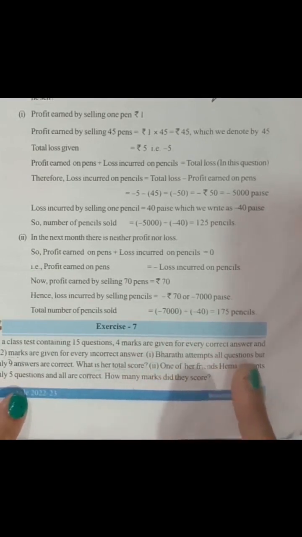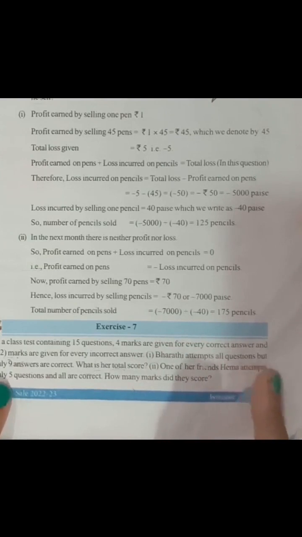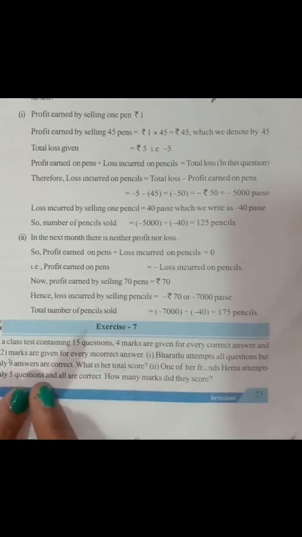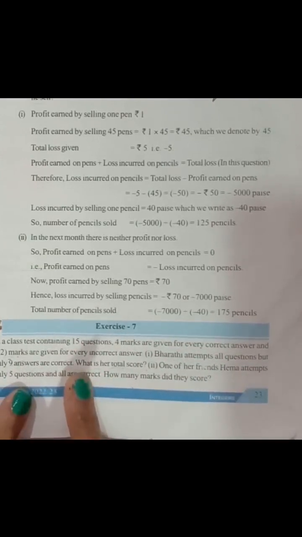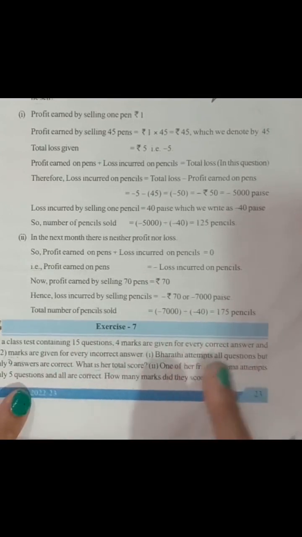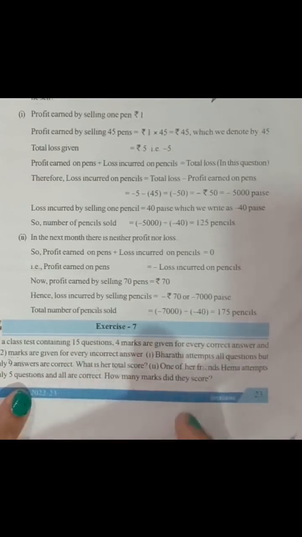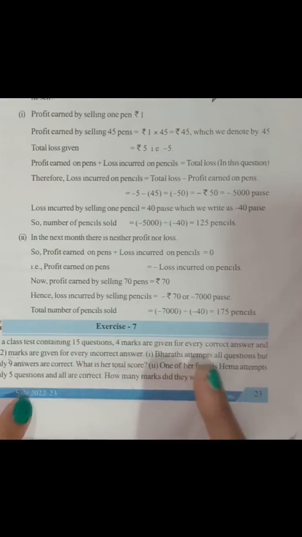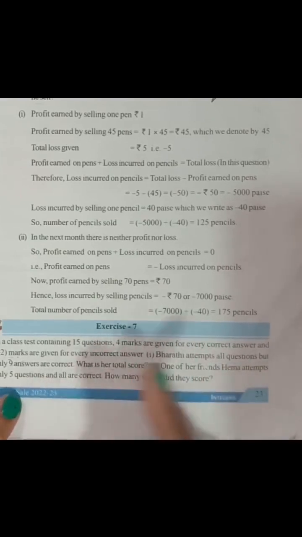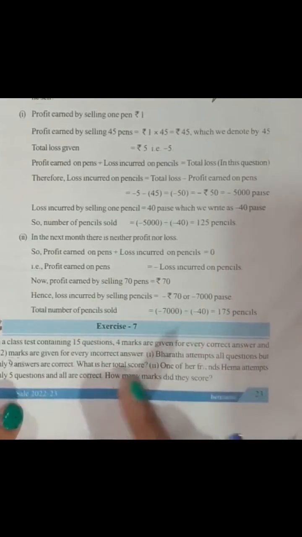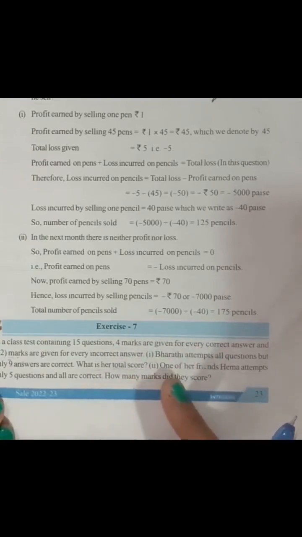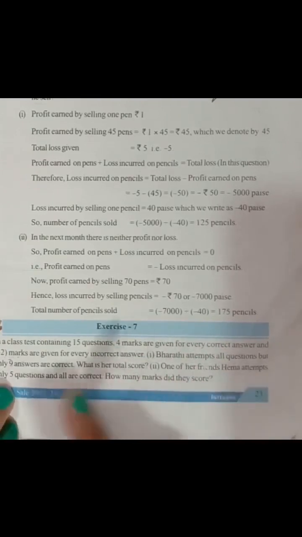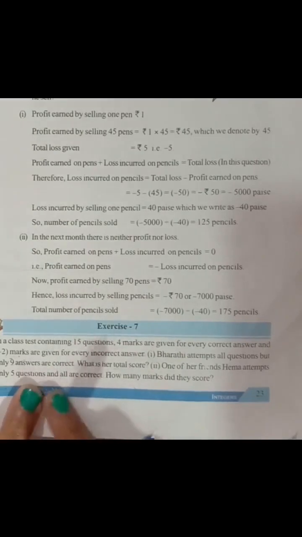Bharati attempts all questions, but only 9 answers are correct. Okay? 9 answers are correct. What is her total score? You can find out the incorrect answers and the total score. And second question: one of her friends, Hema, attempts only 5 questions, and all are correct.